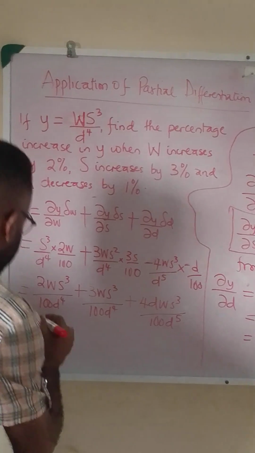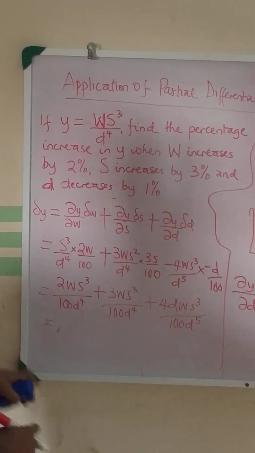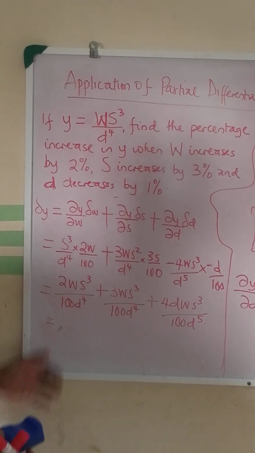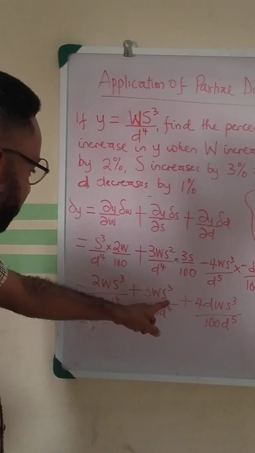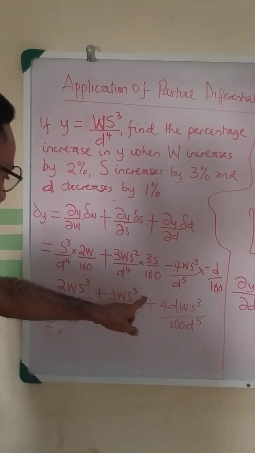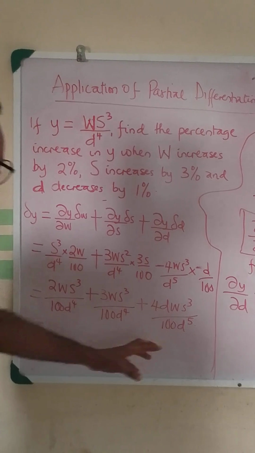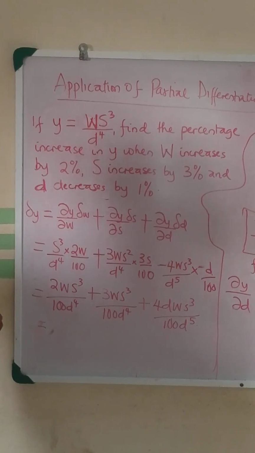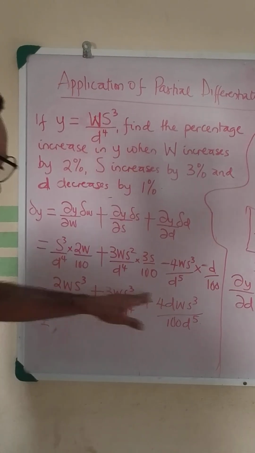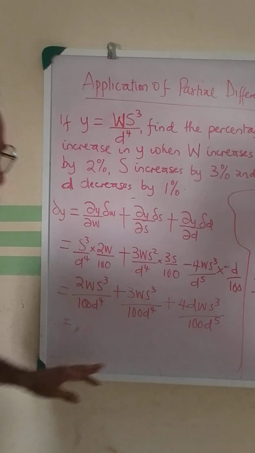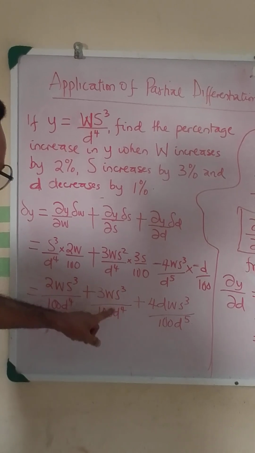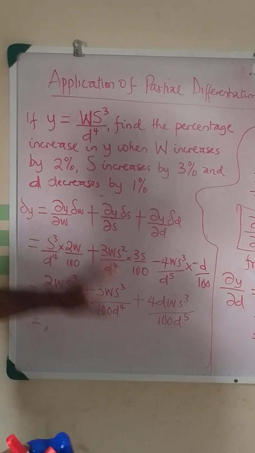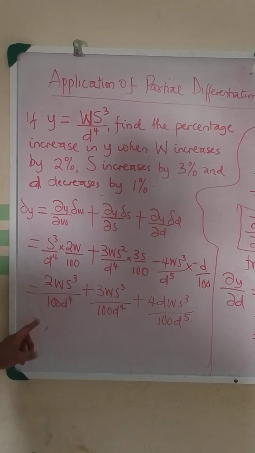But we continue. If we look at this, we have S cube here, S cube here, and S cube here, so we can bring it out, because we have to factorize the numerator and the denominator. Again, we have W here, another W here, and another W here, so we can bring it out. And what is common here? 100 D4 is common.